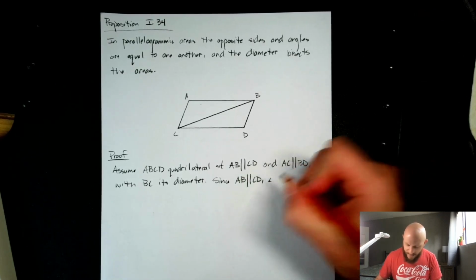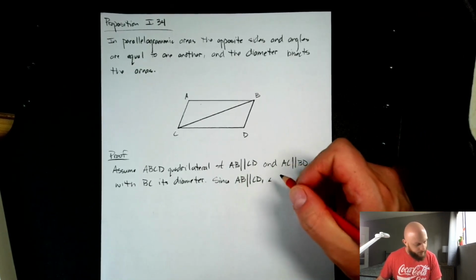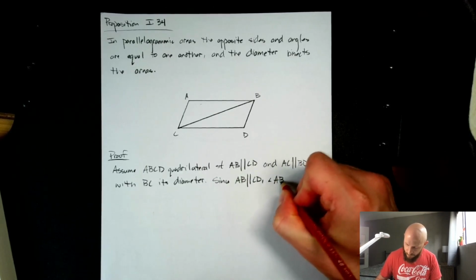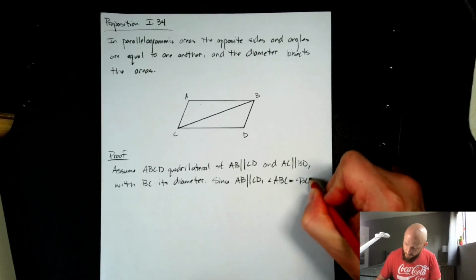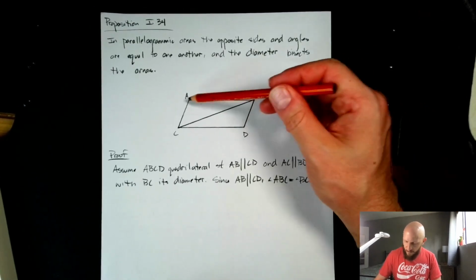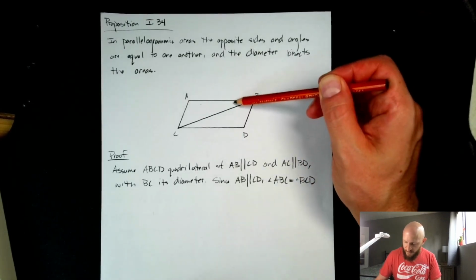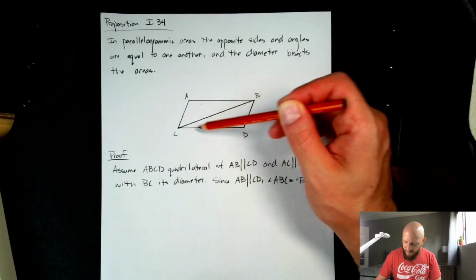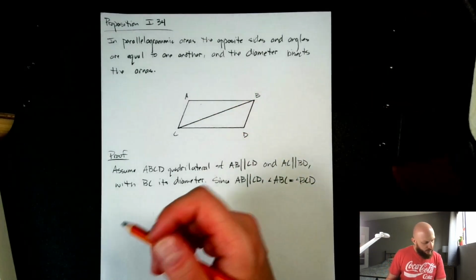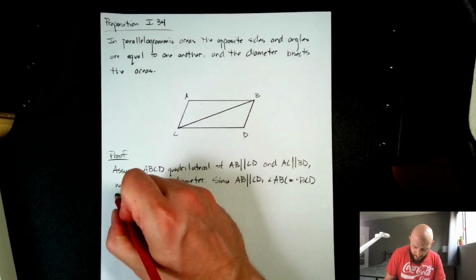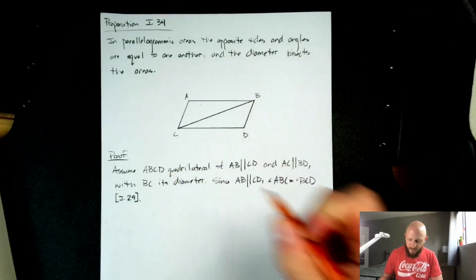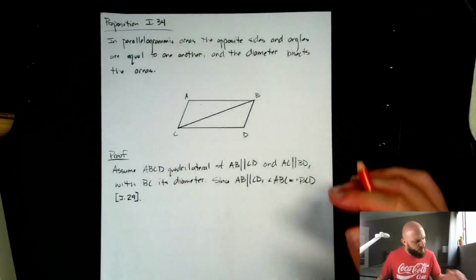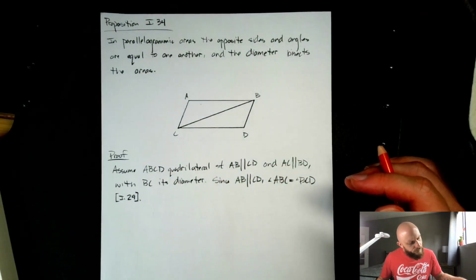We get that angle ABC is equal to angle BCD. So ABC, this angle right here, is equal to BCD, that one right there. And where does that come from? That comes from Prop 29, since we're given that the opposite sides are parallel. All right.